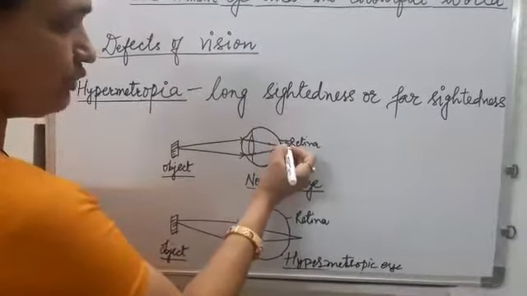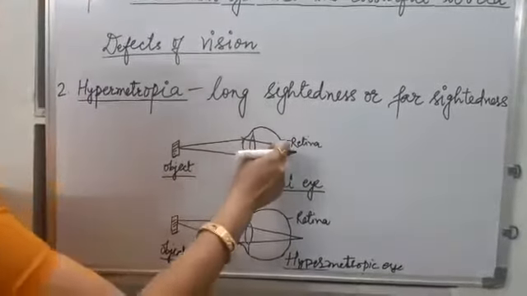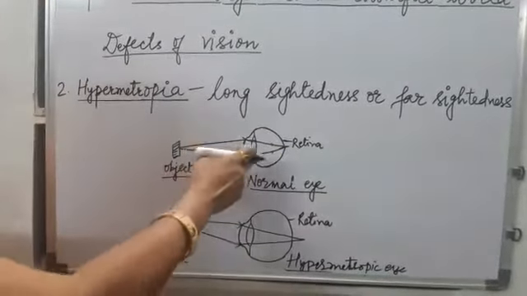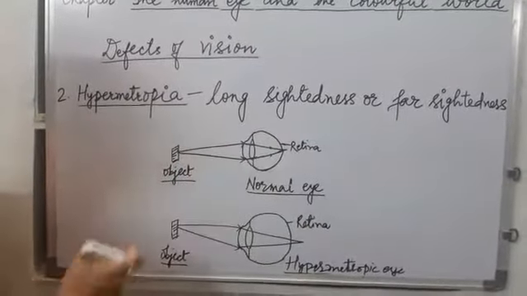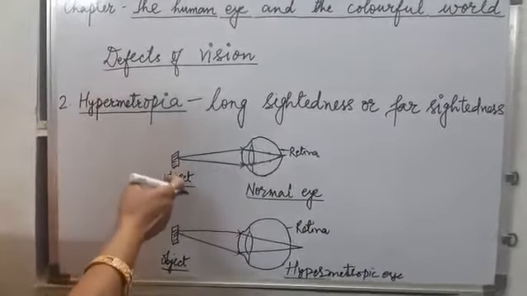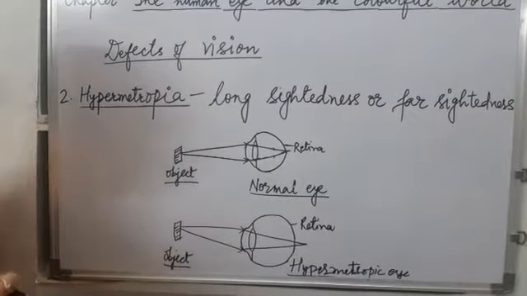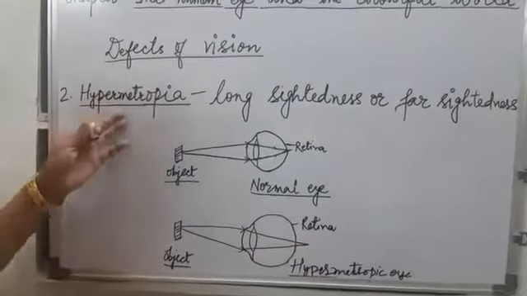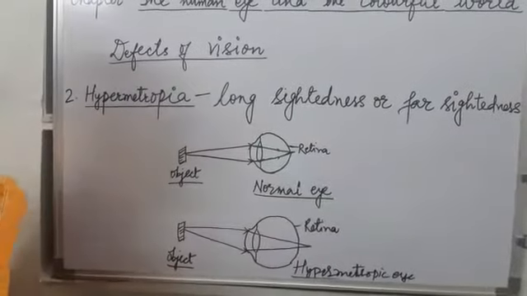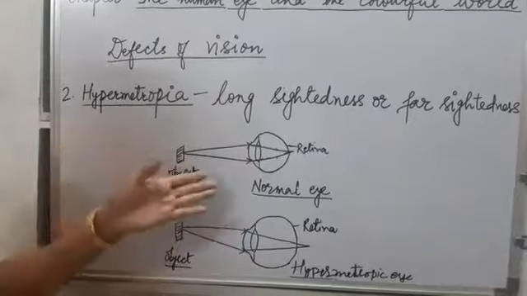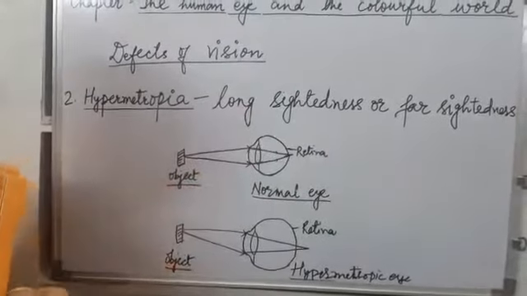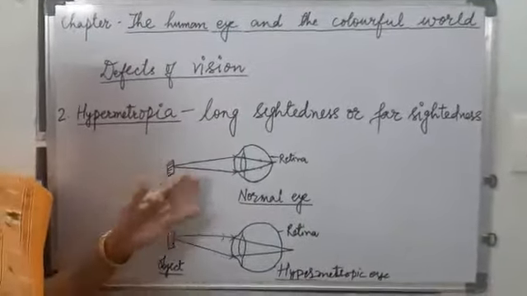Although the lens is working properly, due to the shortening of the eyeball, the image is formed behind the retina and the object seems blurred or hazy to the person. Now, how can we correct this defect?